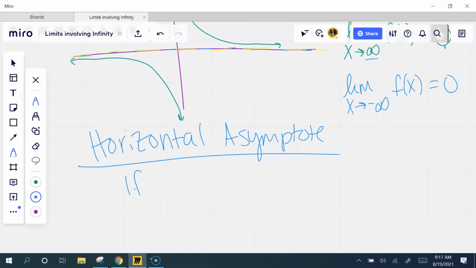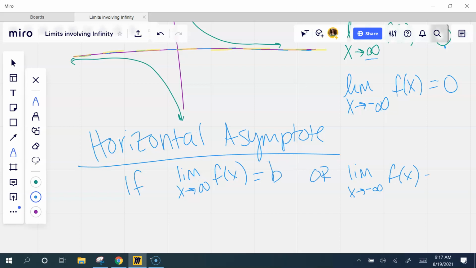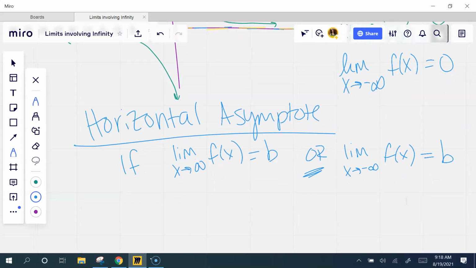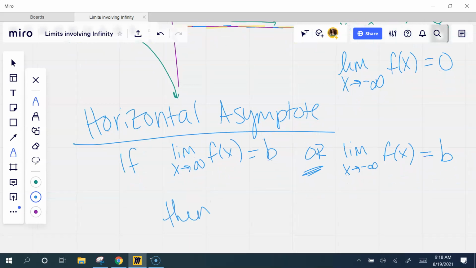If you have a function and you take the limit either as you go to infinity or as you go to negative infinity, and either one of those is some constant, okay, this is an or, not an and. It only has to happen one way. Then y equals b.